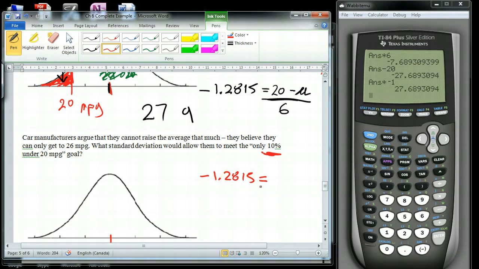Equals, so now we're looking for, again, 20 is our score there. That corresponds to 10%. And the new average, they say that 27 is too much. They can only go to 26. So what has to change? The standard deviation has to change.